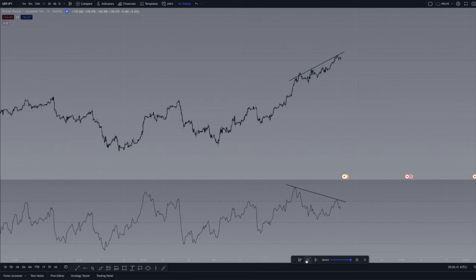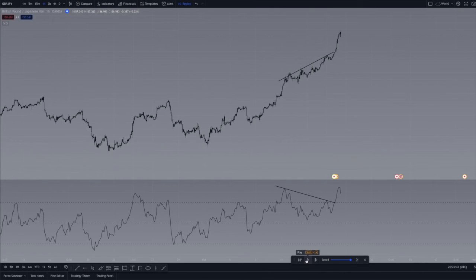So if we let this play for a little bit, as you can see down here on the RSI, our trend line tracking our downtrend on the RSI is broken. At this point, this is no longer divergent.